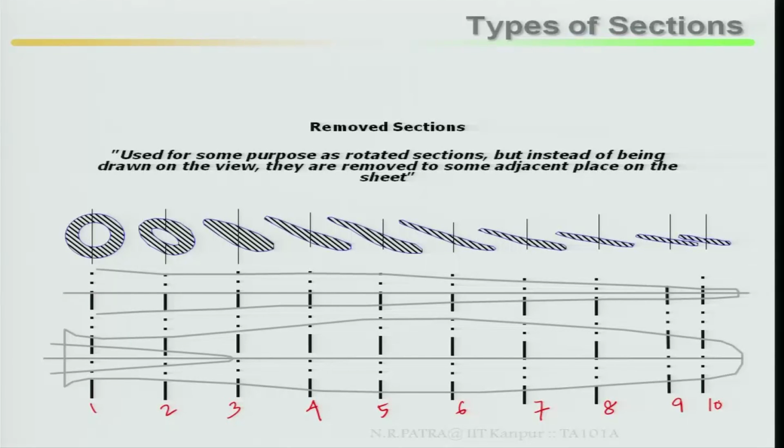So, I cut it and removed the section and showed it outside at 1-1, at 2-2, at 3-3, at 4-4, at 5-5, at 6-6, at 7-7, at 8-8, at 9-9 and at 10-10.